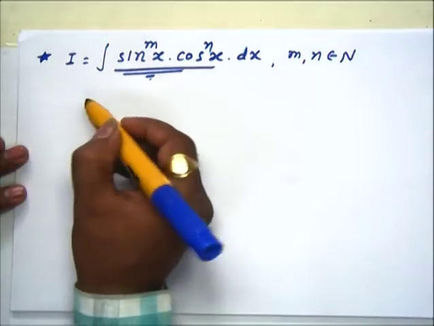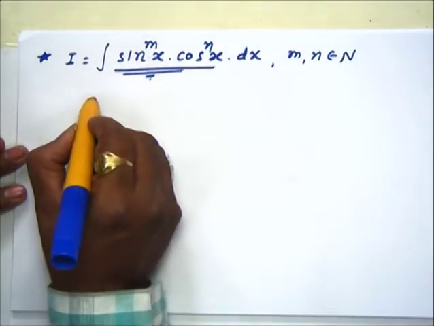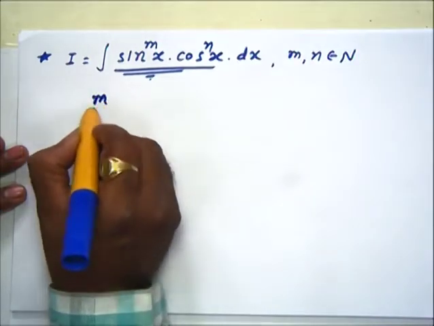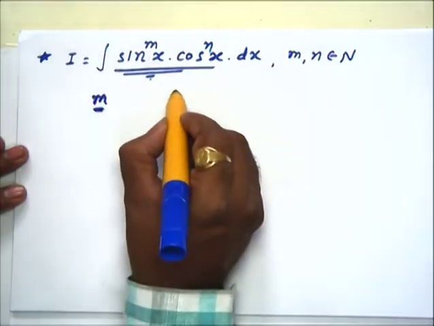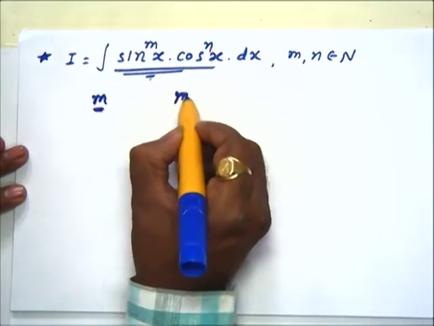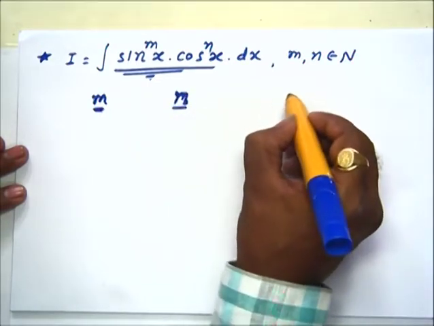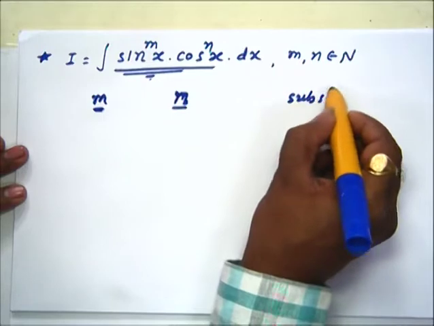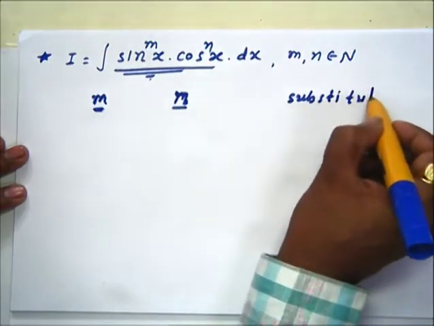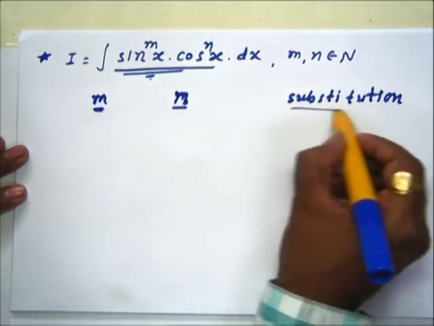So let's see, this is the value of m, value of n, and the substitution.